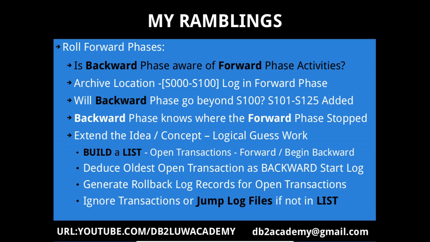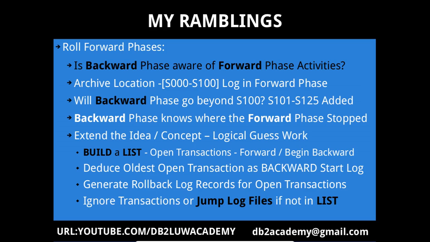We can take this awareness and extend the idea or concept, and I am doing much of a logical guesswork here. What I'm thinking is, why can't we build a list of open transactions during the forward phase or during the beginning of the backward phase? By that way, I can deduce what is the oldest open transaction, and my backward phase can start from that particular place.